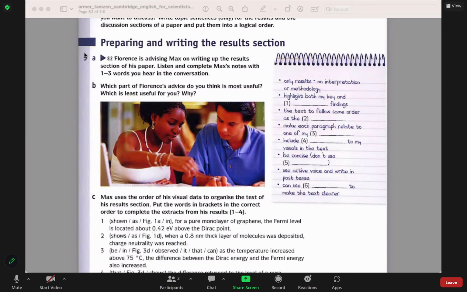Mhm. Okay. The first one you haven't recognized, yeah? Highlight both my key and secondary findings. No, I think it should be main key, not my. Yeah, main key and secondary findings.